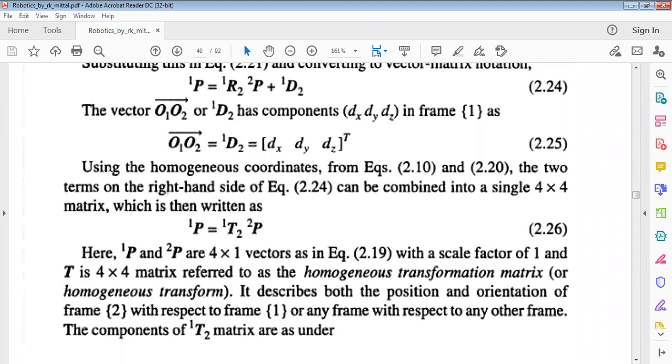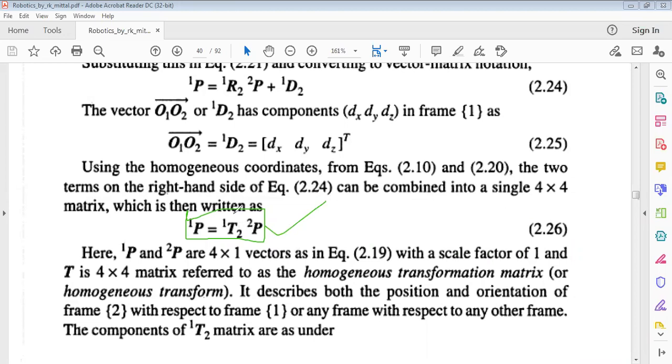So this is the equation that describes a point P with respect to frame 1 by using the known position of coordinate frame 2. So 1p is equal to 1T2 times 2p. This is the basic equation.